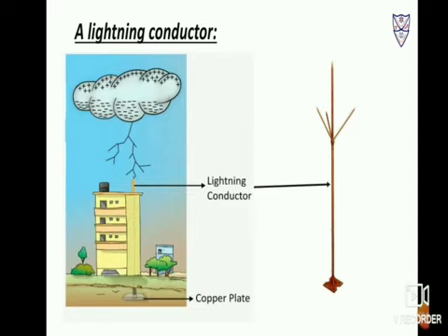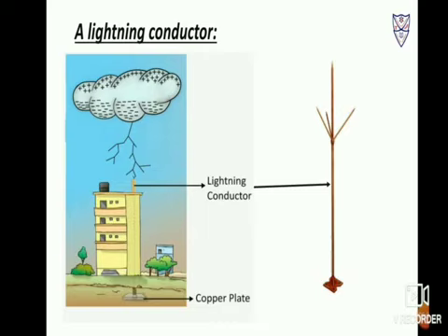Now this rod runs from top to bottom along the outer wall of the tall building to be protected, and the lower end of the rod is connected to a metallic plate. This metallic plate, usually made of copper, is buried deep into the earth to provide a good earth connection.